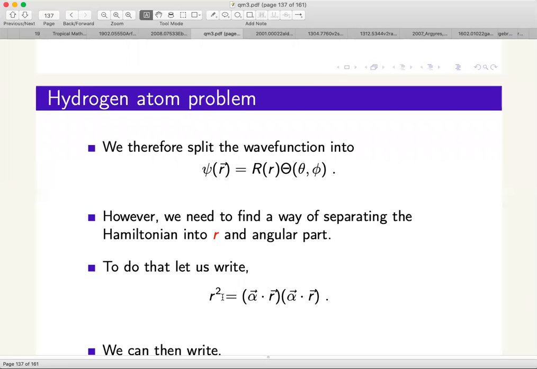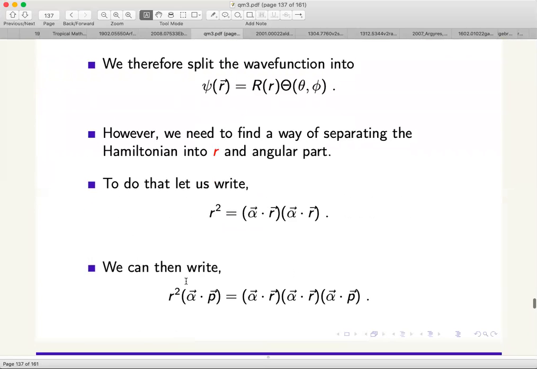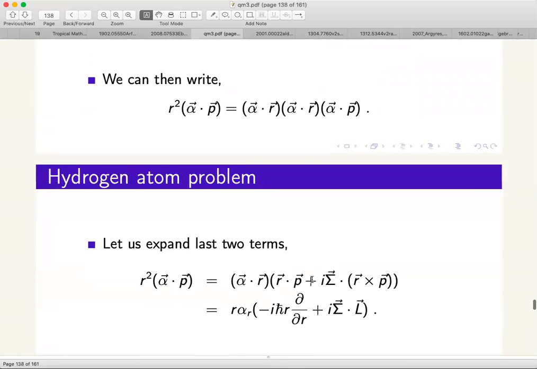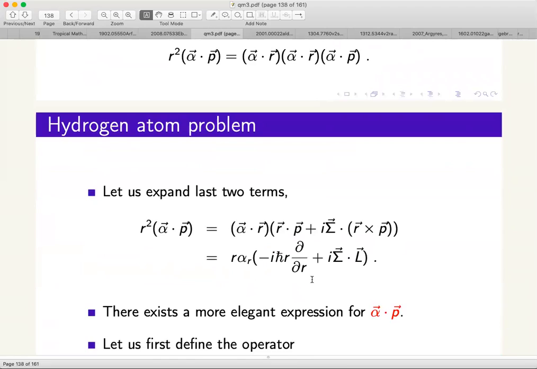One of them was to write r squared as alpha dot r times alpha dot r, and then use r squared alpha dot p as alpha dot r times alpha dot r times alpha dot p, and then expand the alpha dot r alpha dot p piece using the property that alpha_i alpha_j is equal to delta_ij plus i epsilon_ijk sigma_k, where sigma is the matrix that we had defined earlier.